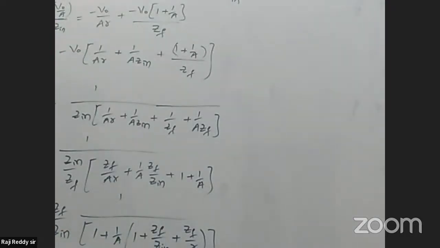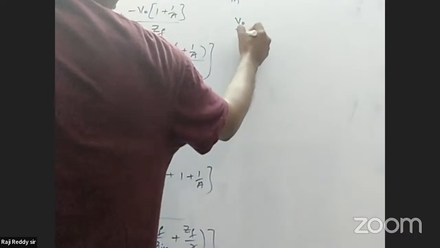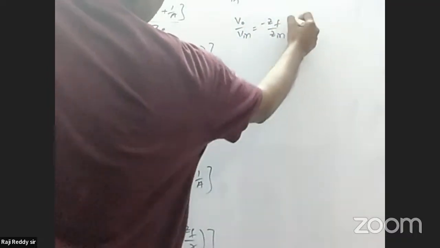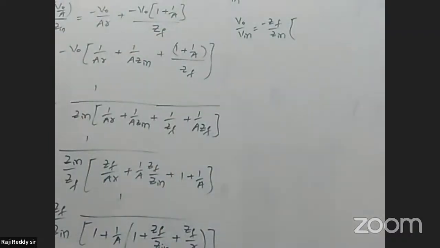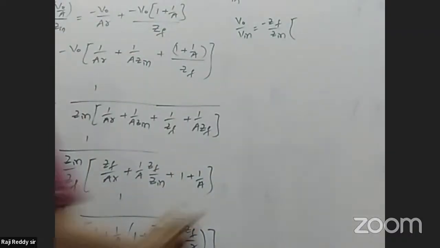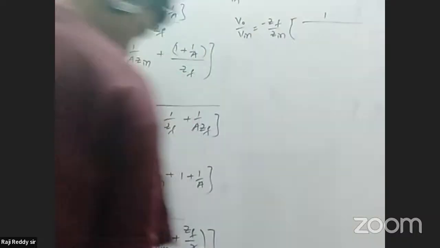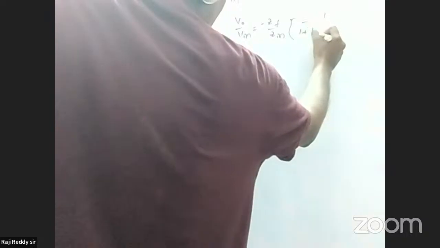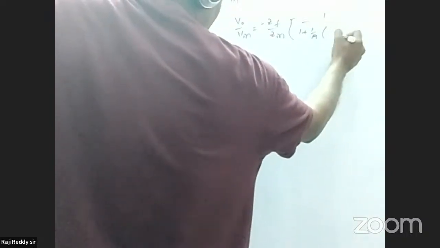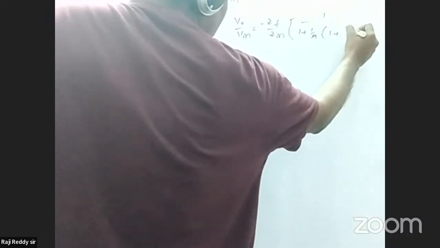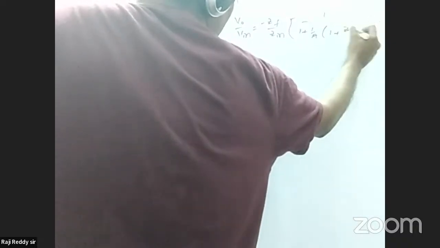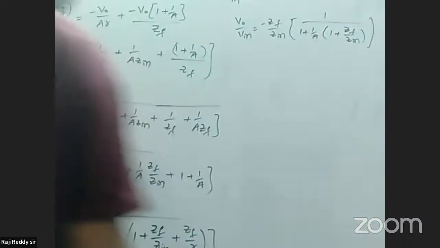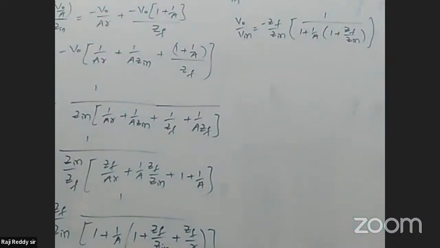This minus can go to the other side, V0 by V in is equal to minus ZF by Z in into this whole thing divided by 1 by A, with this part becoming 0, 1 plus 1 by A into 1 plus ZF by Zin.